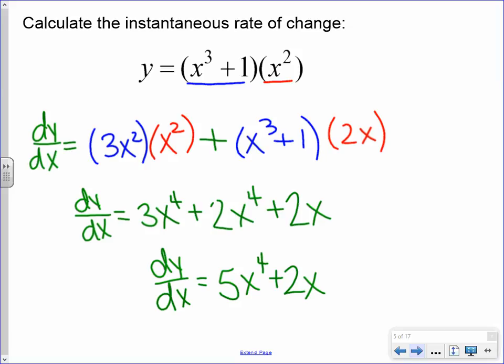Hey, that's the same thing we got. Okay? Now, right now we're practicing the product rule, so I want you to use the product rule, but come quiz and test time, you get to make decisions about how you want to take the derivative. Okay?